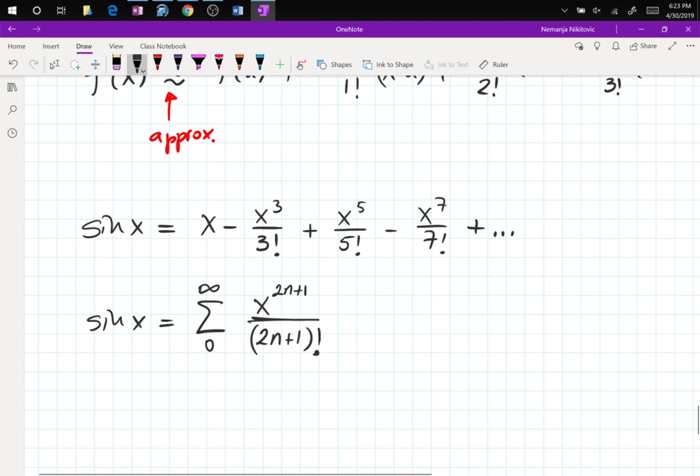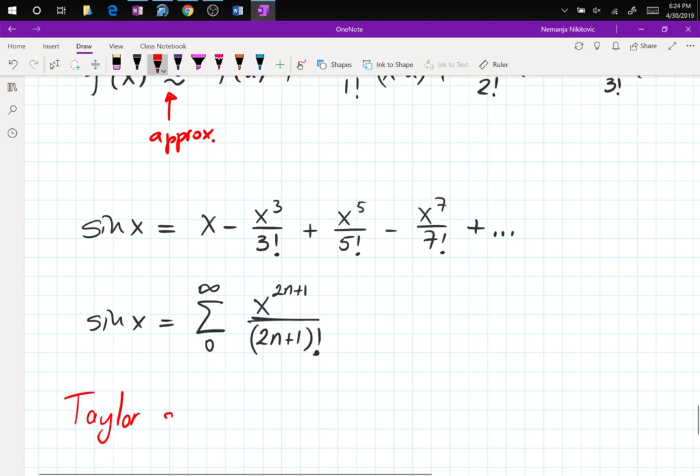Now, note that this particular sine function was centered at 0 because we only have x. We don't have x minus a, x minus any number, right? It's just x. So that means it was x minus 0, and if it's x minus 0, well, it has a special name. So I'm going to write it in blood over here because it's just a name. It's not a new mathematics.